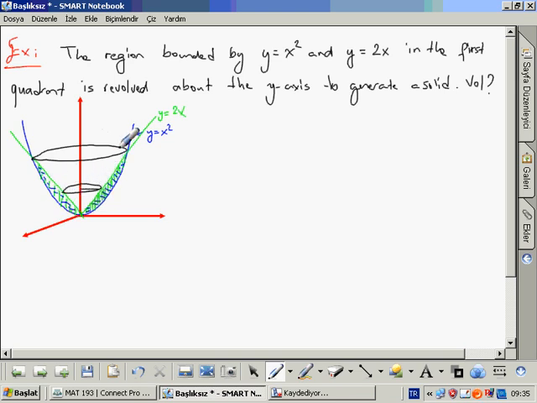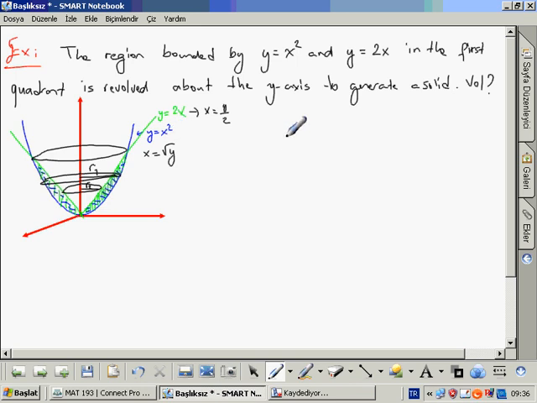Here is R1 or R2, I'm sorry, which is y over 2, and the other one is the square root of y, the second radius, and this part is R1. That means if y equals x squared, x equals the square root of y, and if y equals 2x, x equals y over 2, which are the radii of the circles.